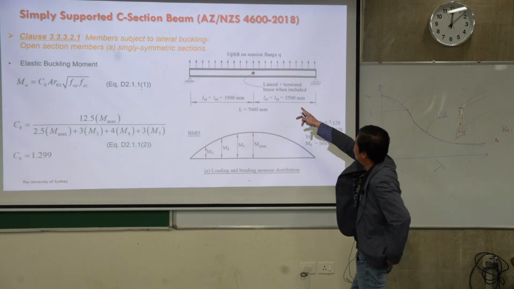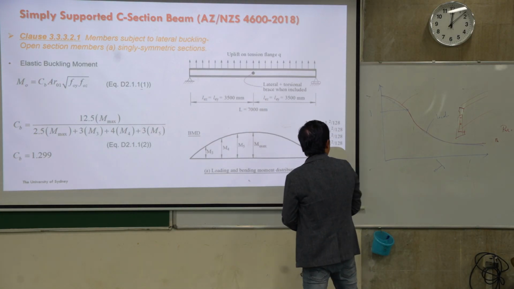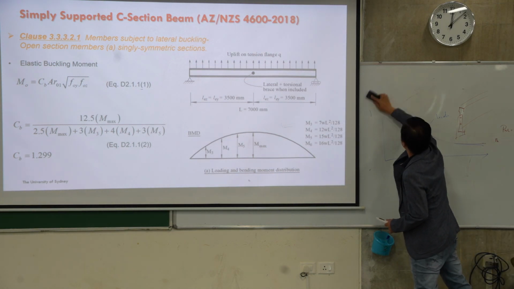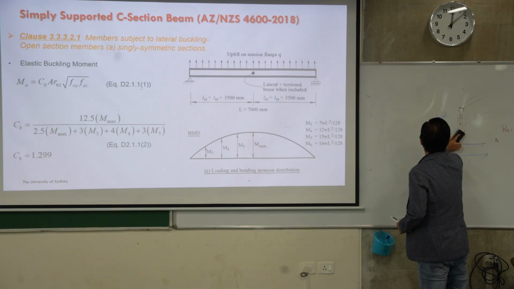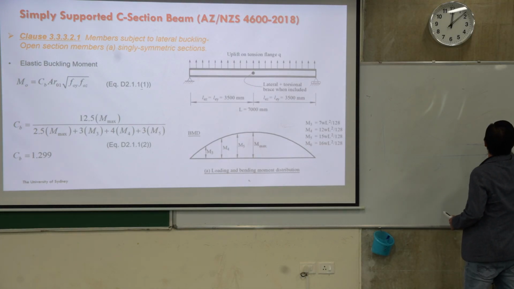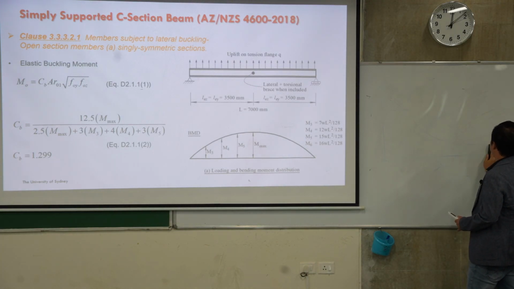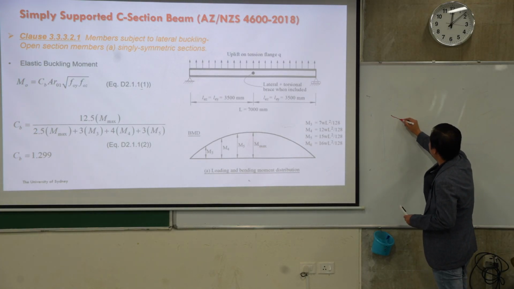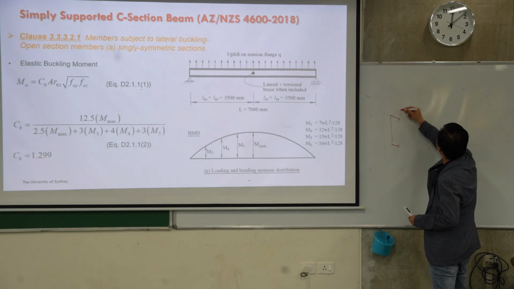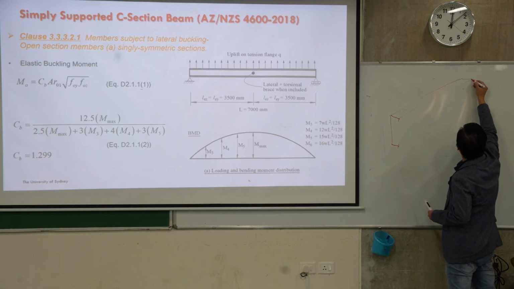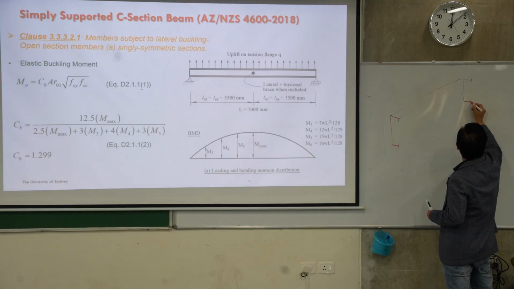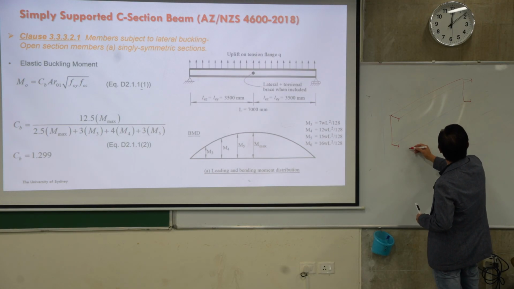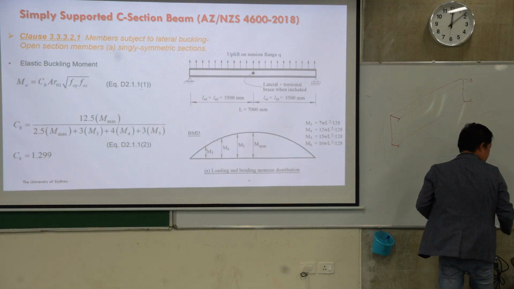So you can see when you put in here, the cross section is like this. So I can draw a beam, C beam here.